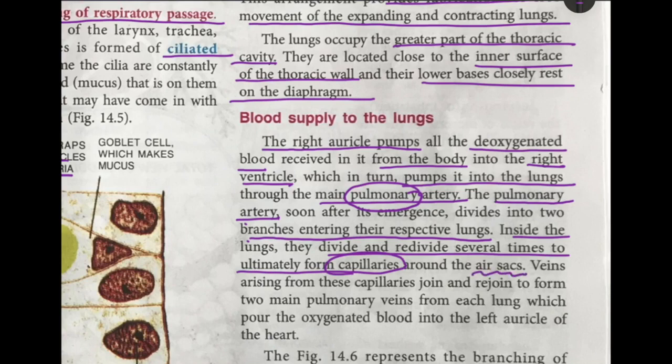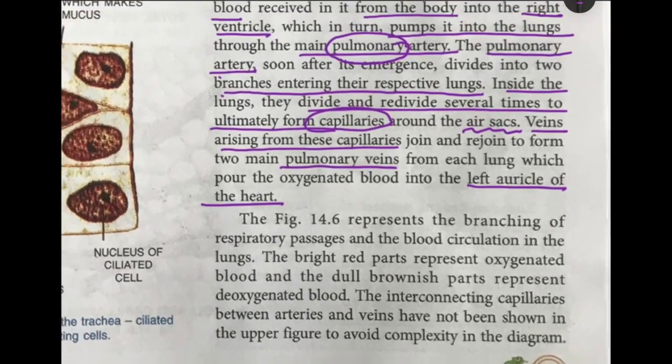So capillaries surround the air sacs, and veins arising from the capillaries join and rejoin to form 2 main pulmonary veins, one from each lung, which go back into the heart and pour oxygenated blood into the left auricle, the upper part of the heart. So the right auricle has deoxygenated blood and the left auricle has oxygenated blood.